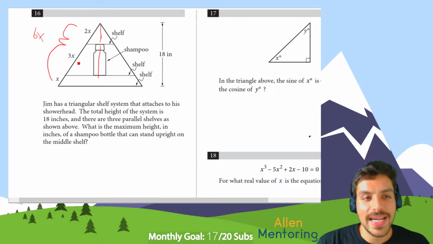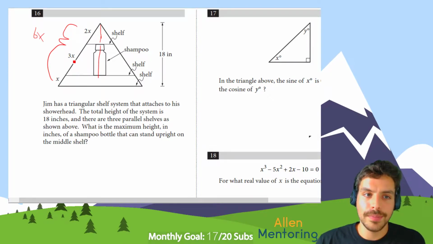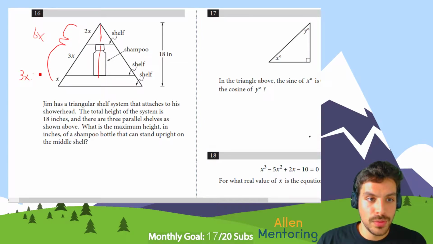So if that's the case, then it's still going to be 3x to this entire thing, right? So it's going to be 3x to 6x, so 3 to 6, aka 1/2.